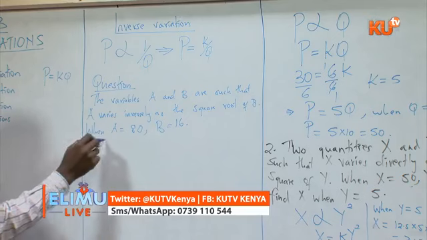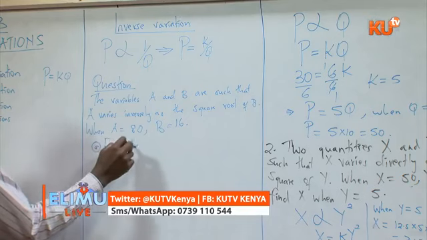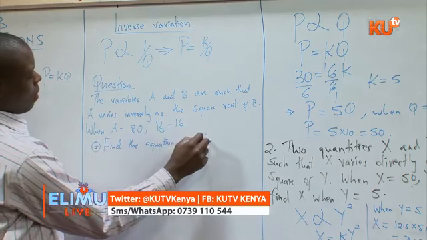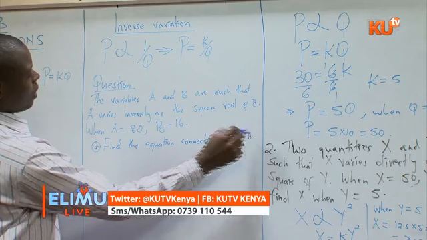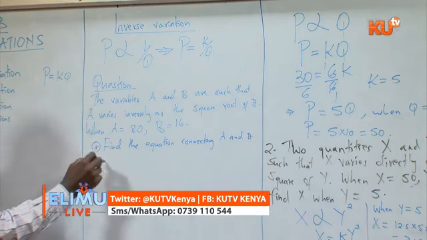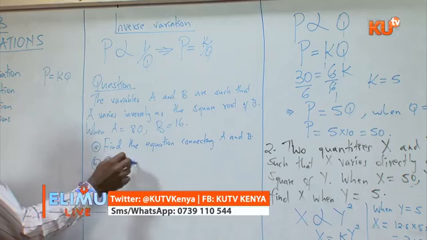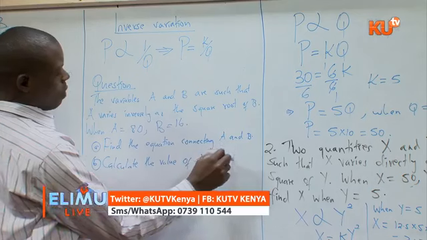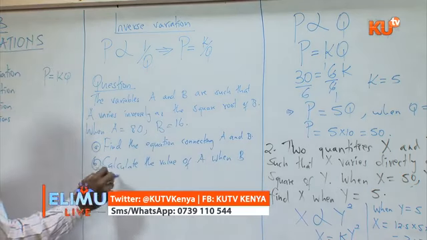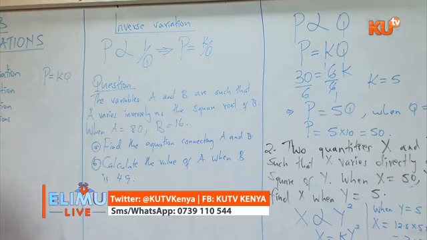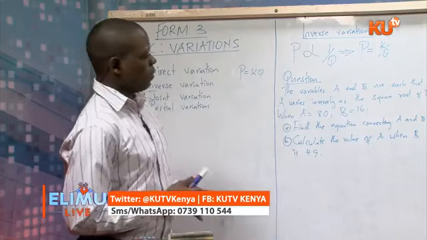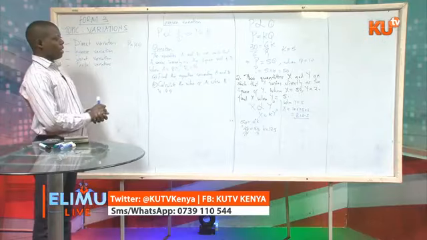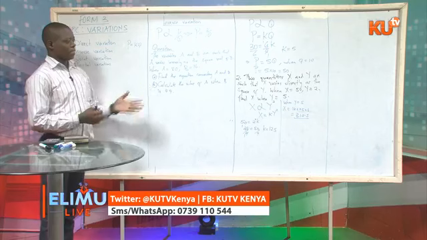Then part A, you're told to find the equation connecting A and B. And part B, you're told to calculate the value of A when B is 49.